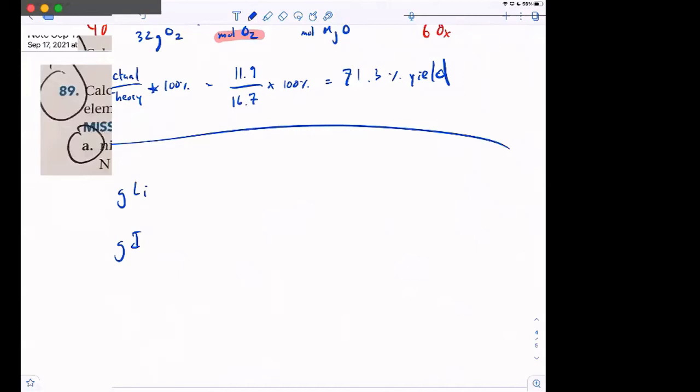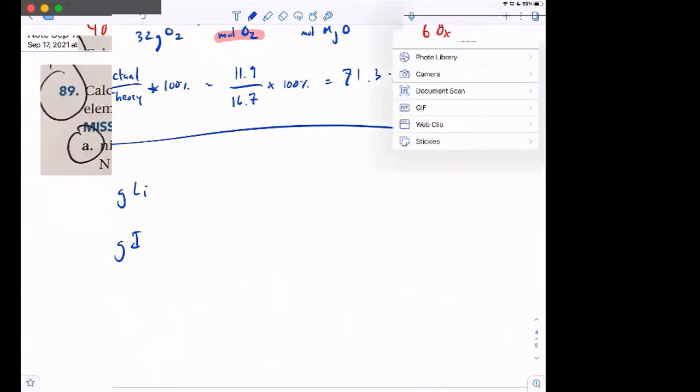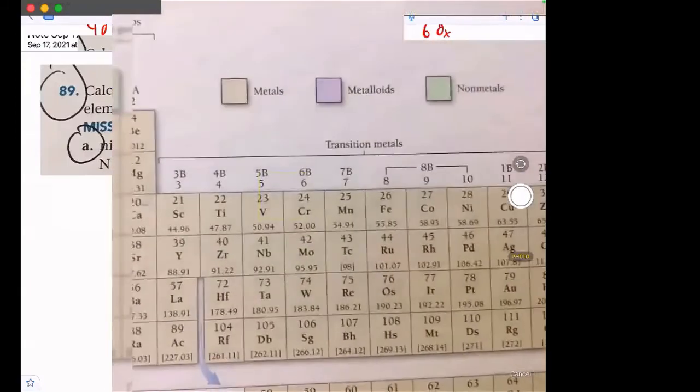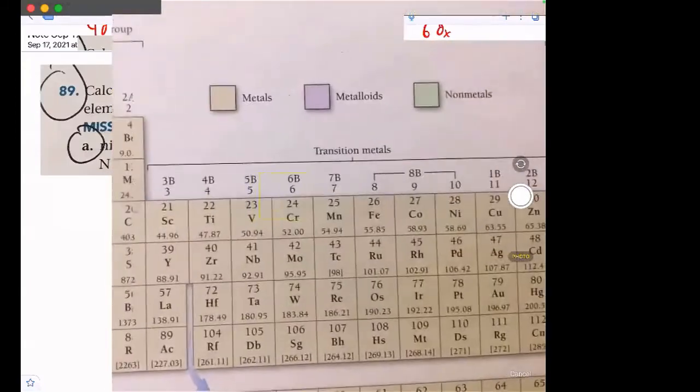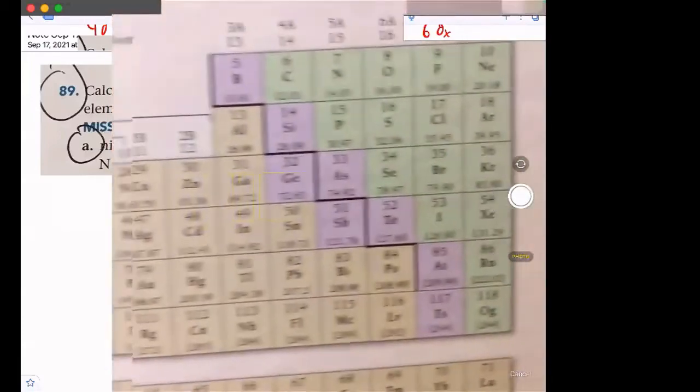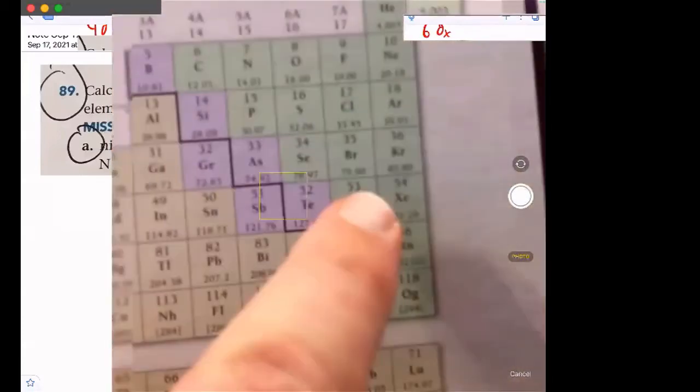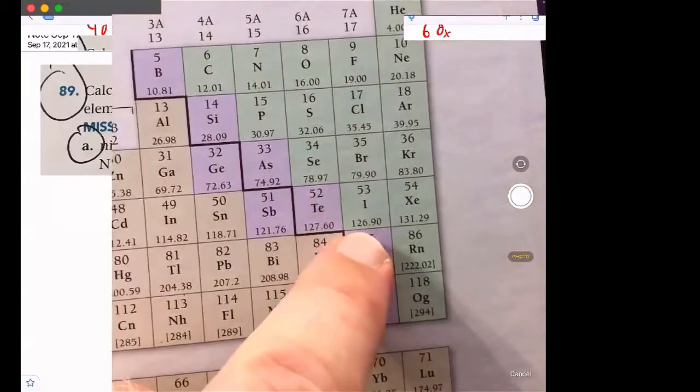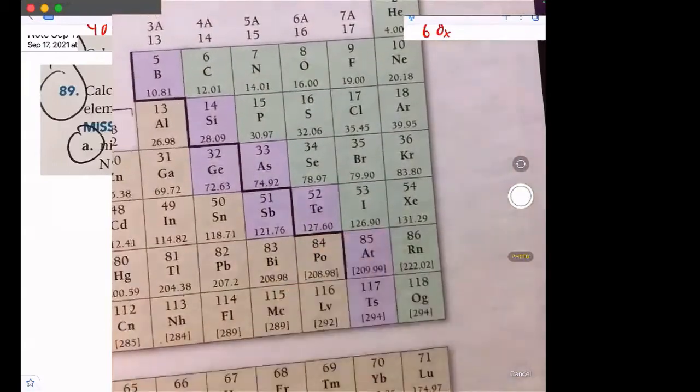Okay, so we have to look to our handy dandy periodic table. If you look there at lithium, it's 6.94. And iodine, it's right there, 126.9.